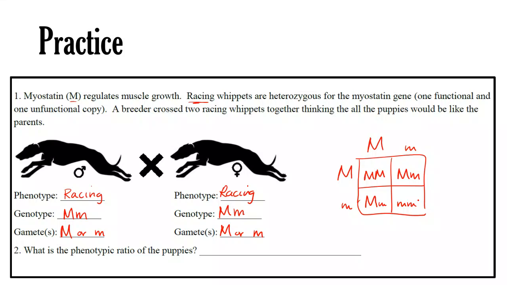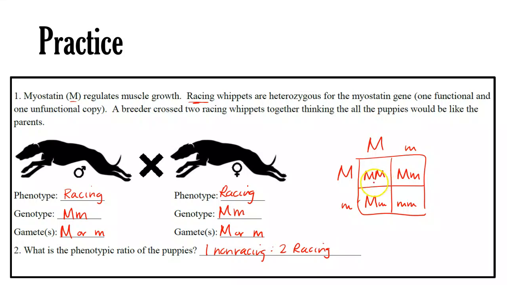a breeder crosses two racing whippets together, thinking all the puppies will be like the parents. Are we seeing that? No, we're actually seeing a really interesting phenotypic ratio of one non-racing to two racing.